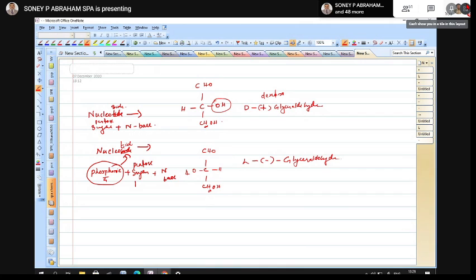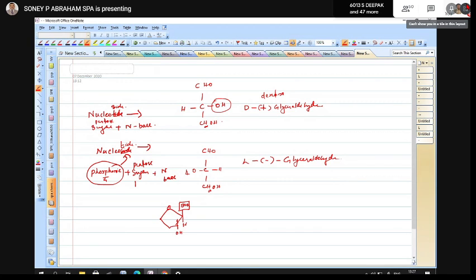So I am representing the pentose sugar. This is the pentose sugar you are having. And here you have a base at the 1st carbon. Either deoxyribose or ribose, whatever it may be. OH, then you have hydrogen. Then you have CH2, which is attached with a phosphoric acid group.